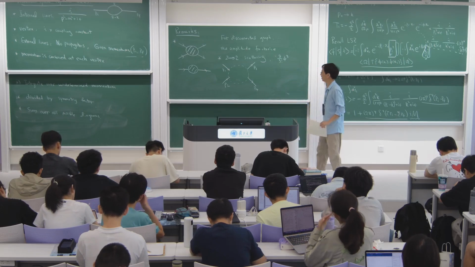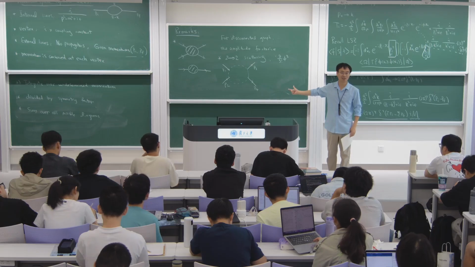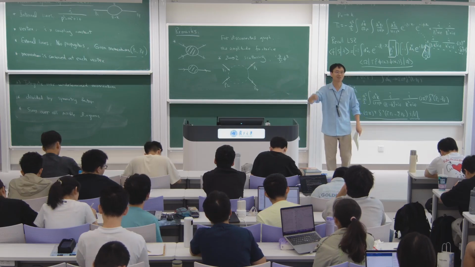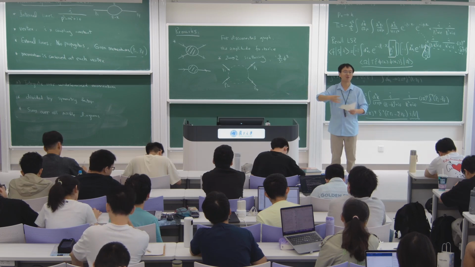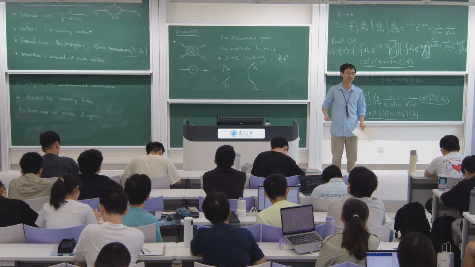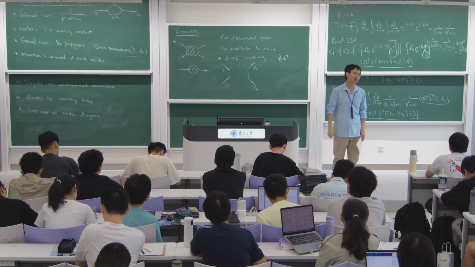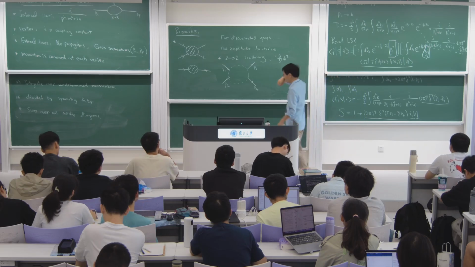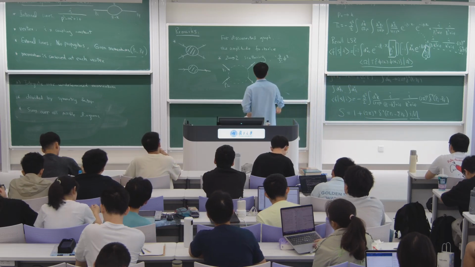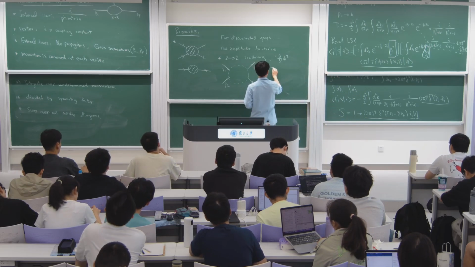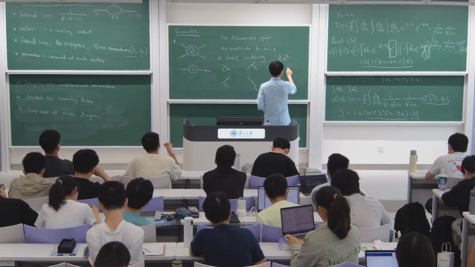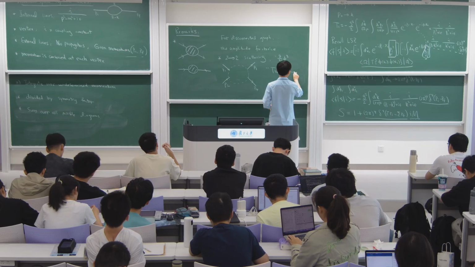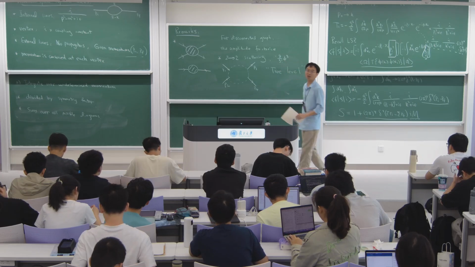In general, it's very complicated. You can think about it, because there could be many loops, all the different orders. There are many, and you have to use a computer. But in the simplest case, let's focus on the so-called tree level, without loop. If the graph has no loop, we call that a tree level diagram.